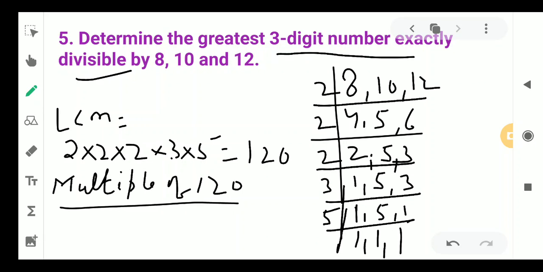So multiples of 120, let me take. Now we have to look for the greatest 3-digit number. The earlier one was the smallest, so let me take the greatest one.